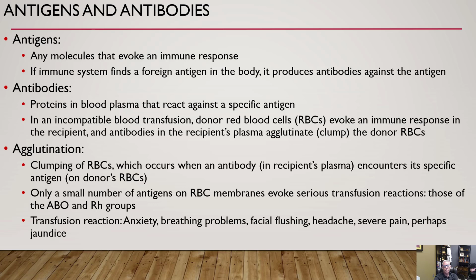We put blood in the person that the body doesn't want. It's the wrong blood type. So that recipient is going to produce antibodies because the antigen on the donor's blood is evoking an immune response in the recipient. So we have this agglutination, and like I said, it's a clumping of the red blood cells when the antibody from the recipient encounters an antigen on the donor's red blood cells.